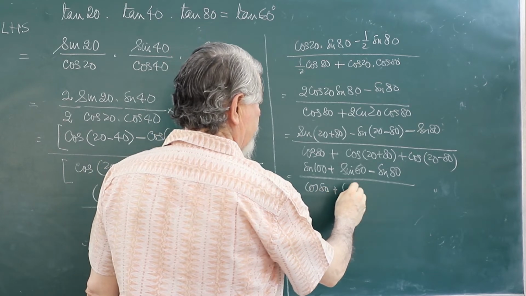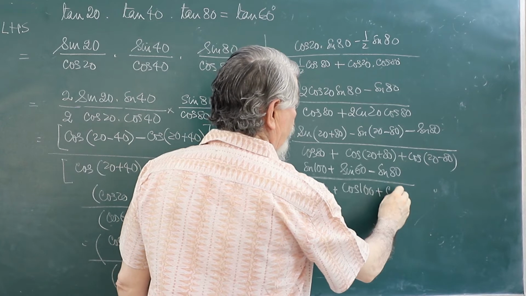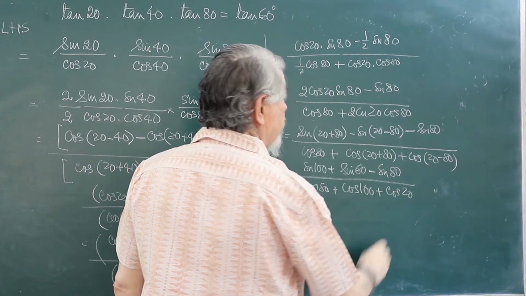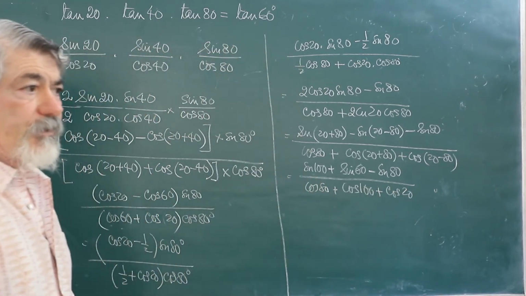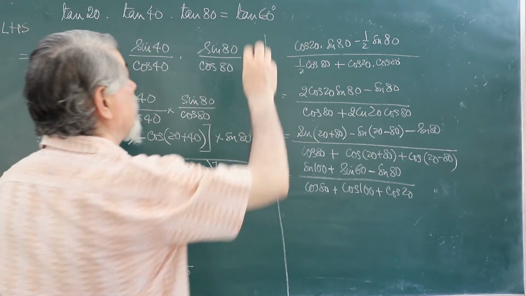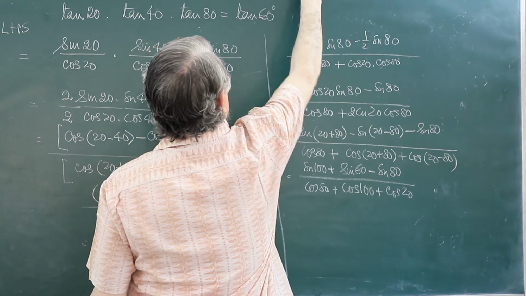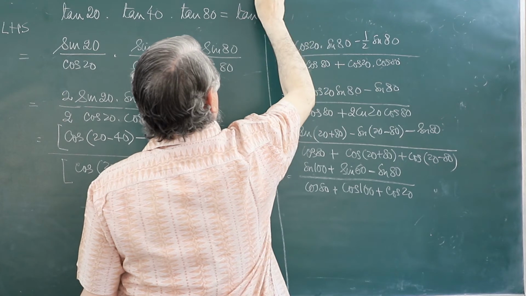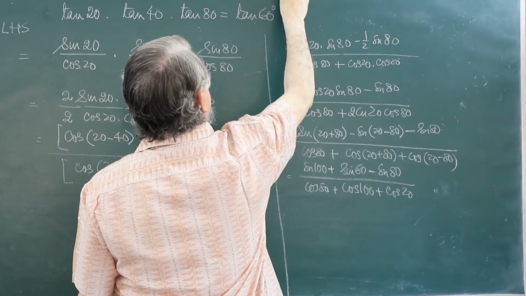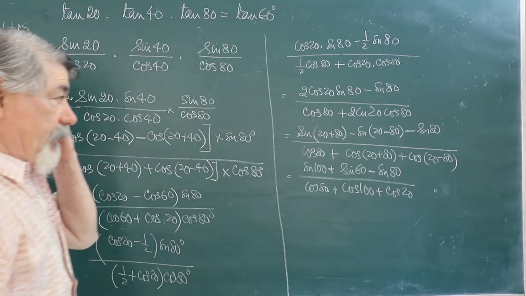It will become cos 100 plus again cos minus 20 is cos 20 only, because in the fourth quadrant cos minus theta is cos theta. The sin minus theta is minus sin theta. That is what you have to keep in mind.